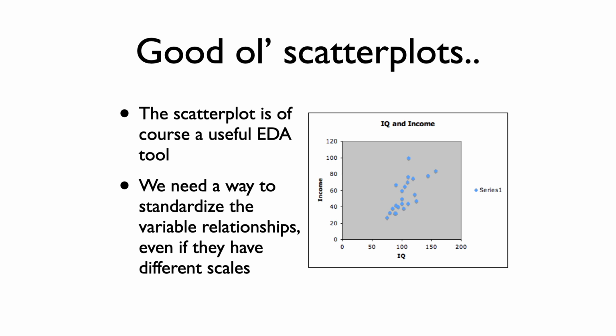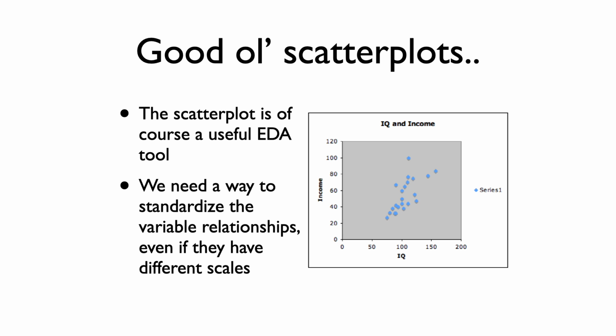What we need is a way to standardize the variable relationship, even if we have different scales, different units. So the correlation between income and IQ should be the same if we're measuring income in Canadian dollars, euros, or UK pounds. The relationship should be the same.